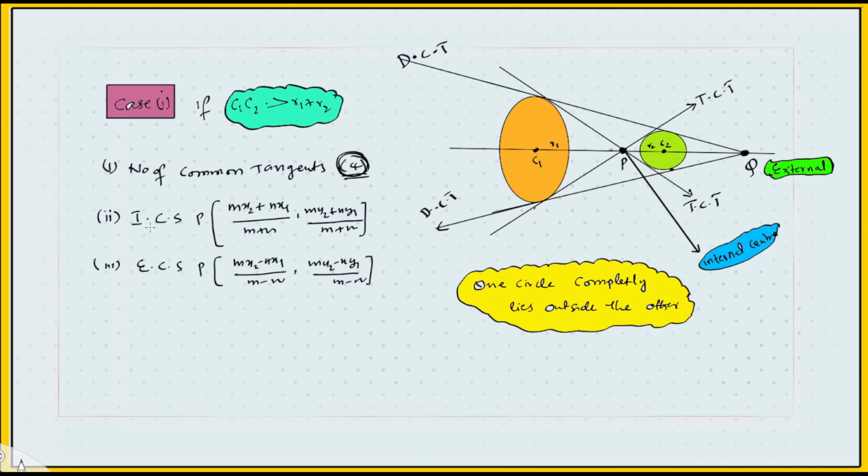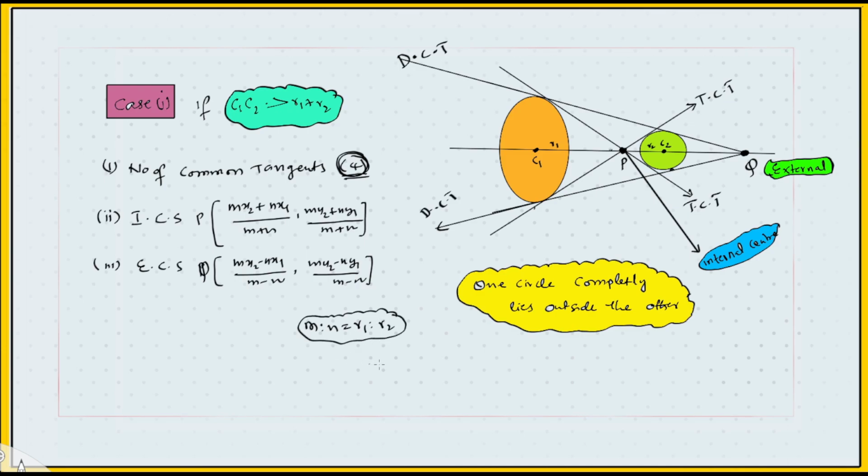The formula of internal center of similitude P is (mx2 plus nx1 by m plus n, my2 plus ny1 by m plus n). The external center of similitude is denoted by Q, that is (mx2 minus nx1 by m minus n, my2 minus ny1 by m minus n), where m to n is nothing but the ratio of radii, r1 to r2.